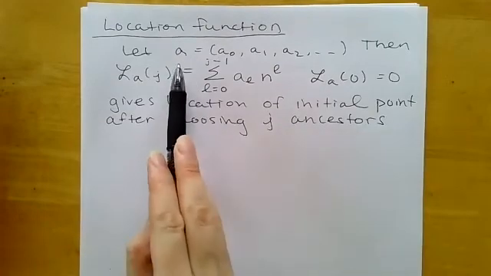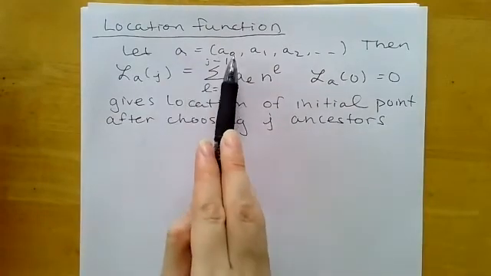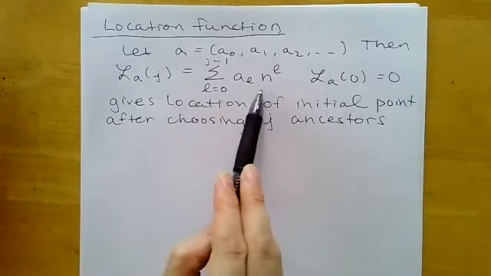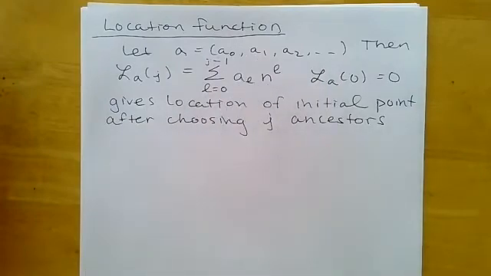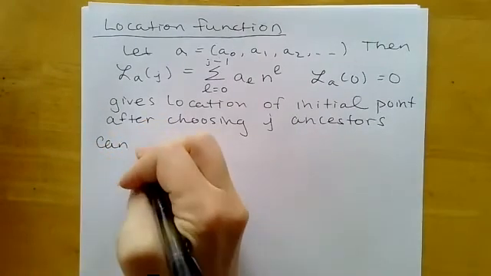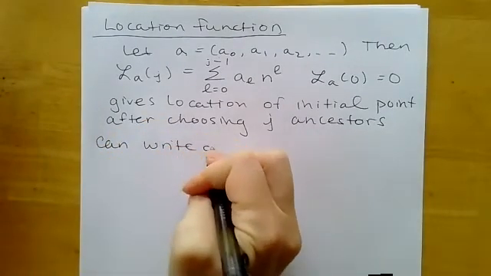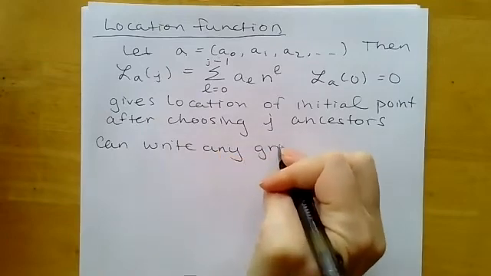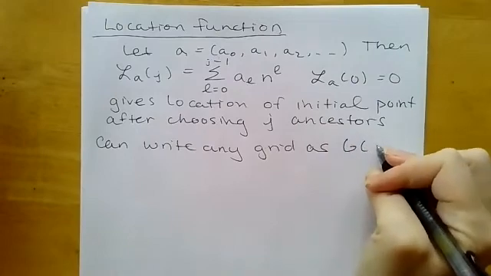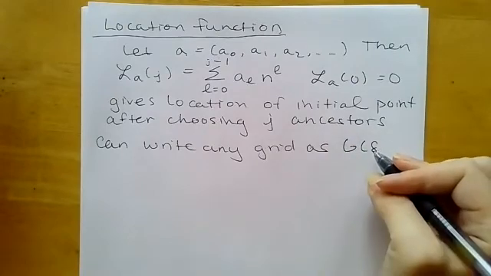So this tells you exactly where your initial point goes to when you choose J ancestor generations. For that 1/3 example, our location function involved the sequence 1, 0, 1, 0, and you plug it into here, and this will tell you exactly where that initial point 1/3 will go to after J ancestor generations. And a fact is that once you define this location function, you can write any grid as G of some initial point delta and a location function L_A. This delta might not be FAR.